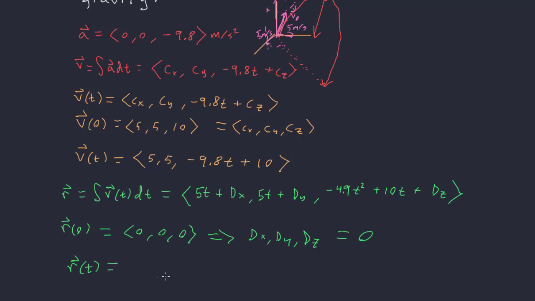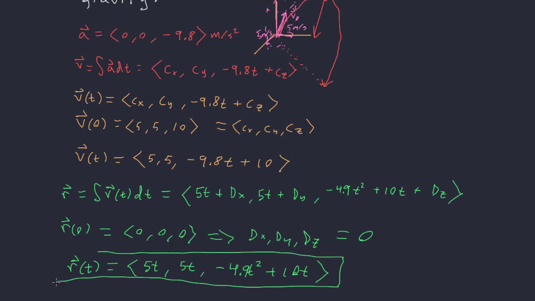So our position trajectory vector valued function is 5t, 5t, and negative 4.9t squared plus 10t, and that was also a plus 0 there. So this is our trajectory function.